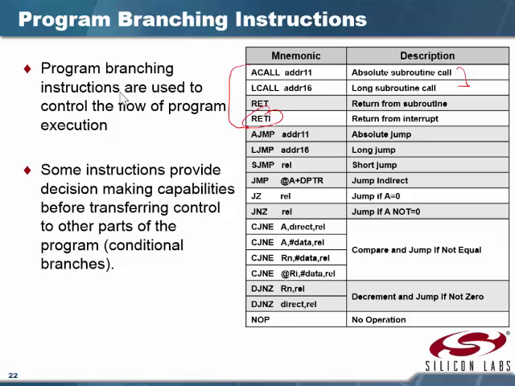I've known a lot of people, and I don't have a problem with always using the long call and never using the absolute call. The reason a lot of people do that is because you write your code and the absolute call works fine. You add a little more code, and all of a sudden you've moved outside that 2K space, and now it doesn't work anymore.